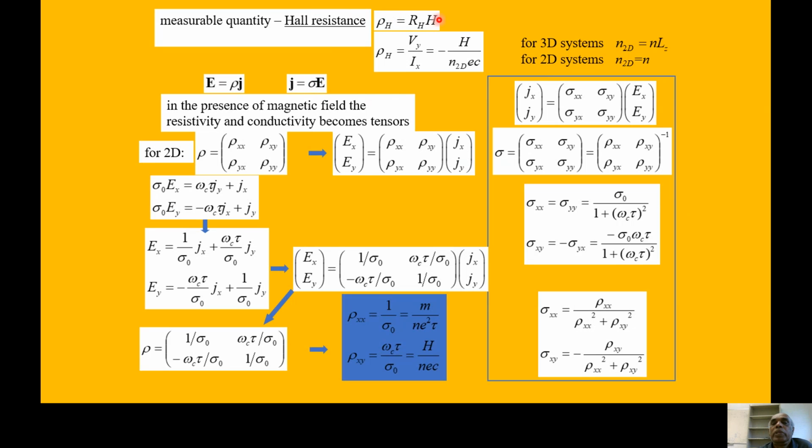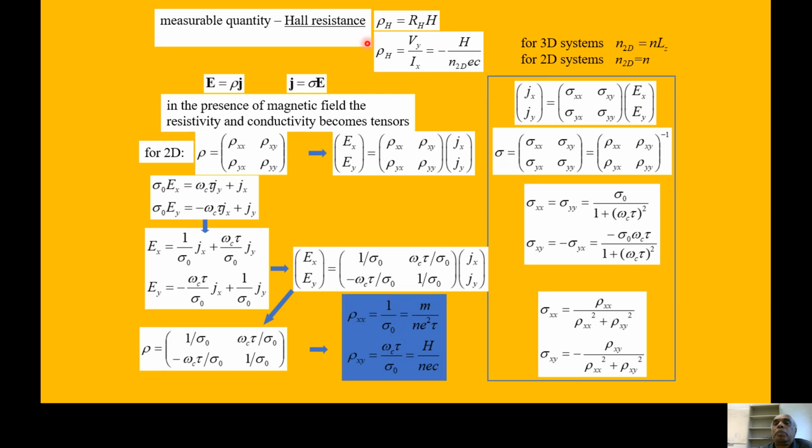Then also in more general terms, we can define rho H as the Hall coefficient times B. Please remember that one. Hall resistance means that it has the dependence on B, because RH is only 1 over Ne, right?